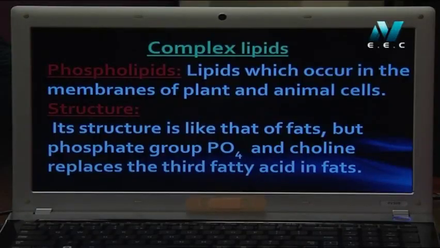What about complex lipids? Complex lipid here we have only one example, phospholipids. Lipids which occur in the membrane of the plant and the animal. Each membrane, plant and animal, containing phospholipid. The structure here is like the fat, but phosphate group and choline replaces the third fatty acid.